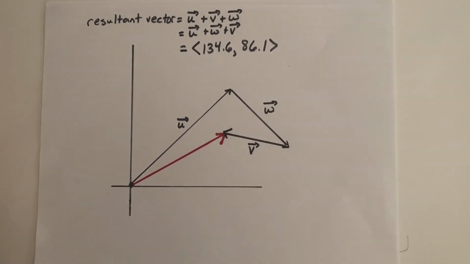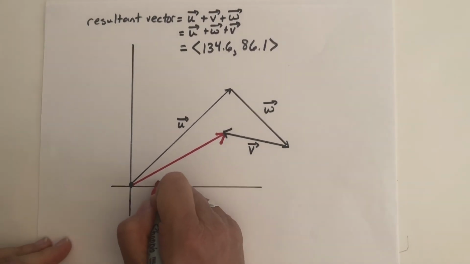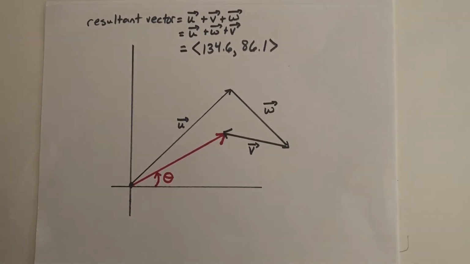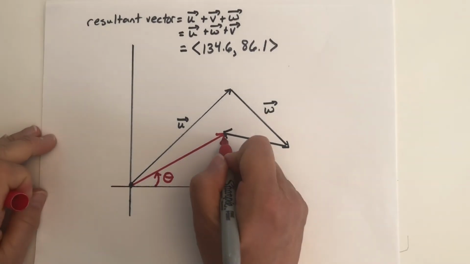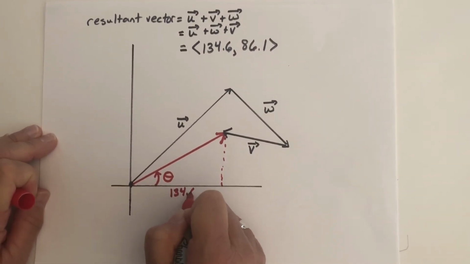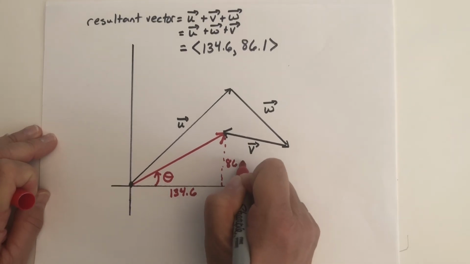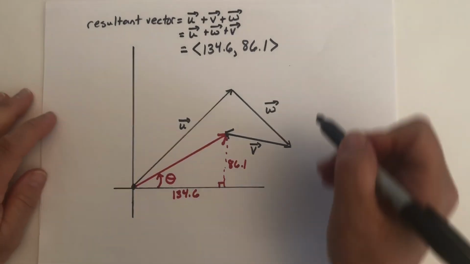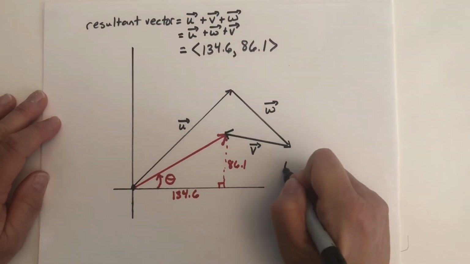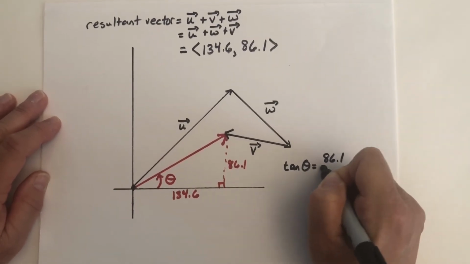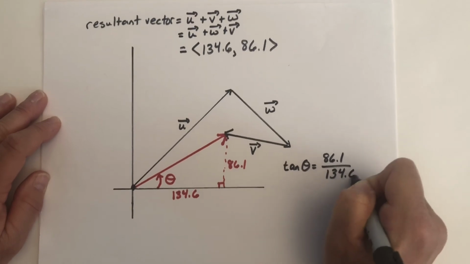So here we go. Let's find the direction. That means we're finding theta right here. And now what we know is these values are, I can even draw it in. I know this is 134.6 and this is 86.1. So we know the tangent of theta equals 86.1 divided by 134.6.